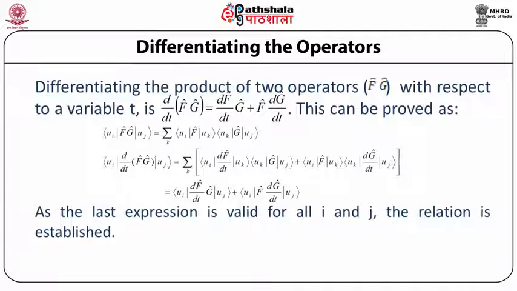So we can write bra vector ui d by dt of product of operator f operator g ket vector uj is equal to summation over k bracket open bra vector ui d by dt of operator f ket vector uk bra vector uk operator g ket vector uj plus bra vector ui operator f ket vector uk bra vector uk d by dt of operator g ket vector uj bracket closed.